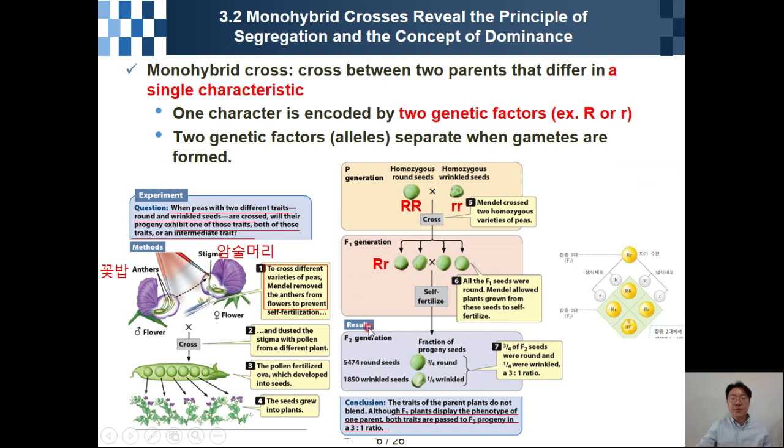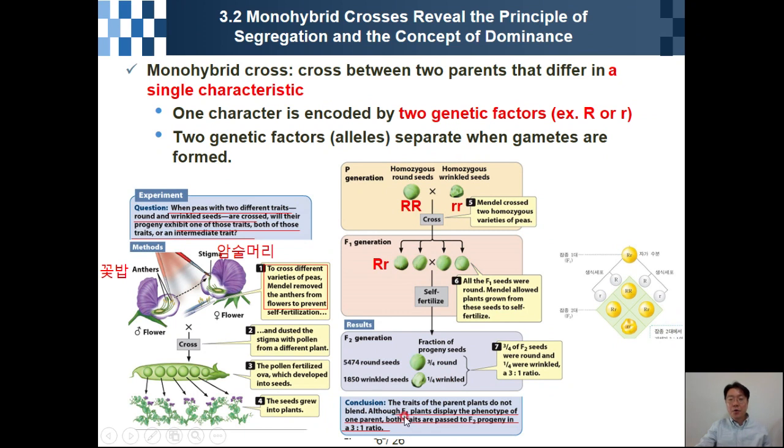So based on this experiment, we can conclude like this. F1 plants display only one phenotype of parents. For example, this one only shows the round shape. F1 generation is only round shape.